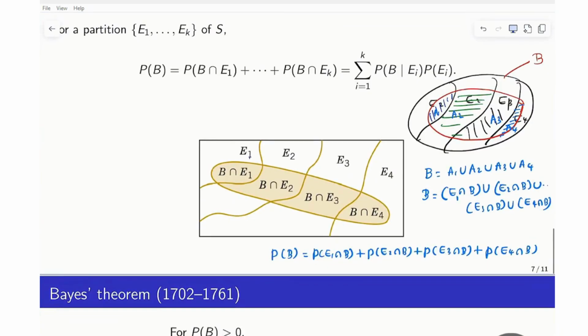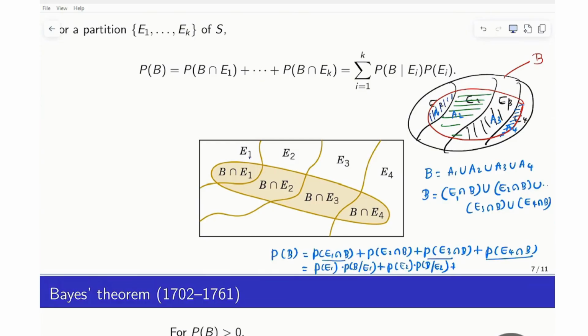So same way as we expressed the previous part, as a conditional probability, we can start with B and E1, the probability of E1 given B. So then I will write one more, E2, the probability of E2 given B. Same way you can express each of these terms.